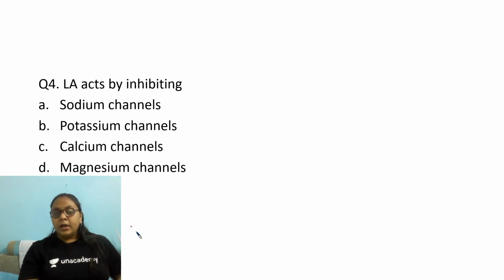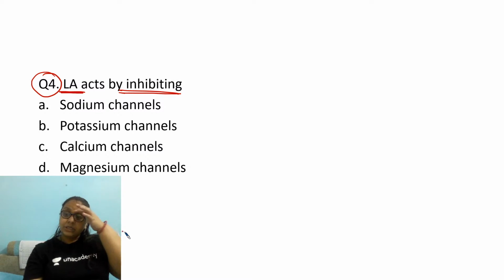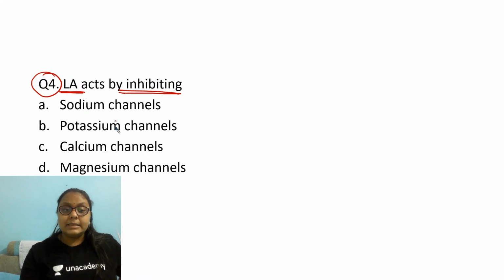Now, question number 4. The local anesthetics act by inhibiting: A, sodium channels, B, potassium channels, C, calcium channels, or D, magnesium channels.